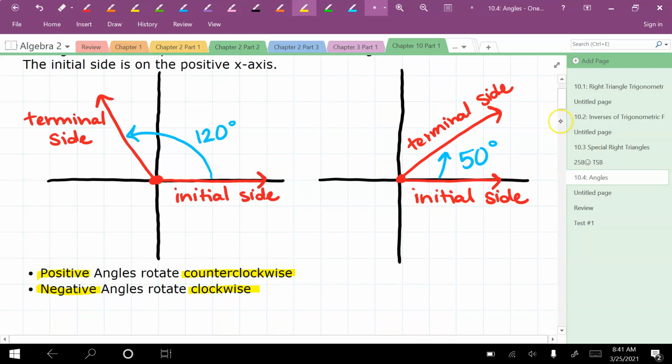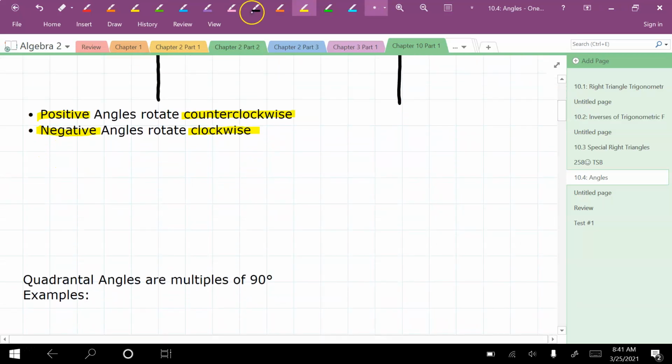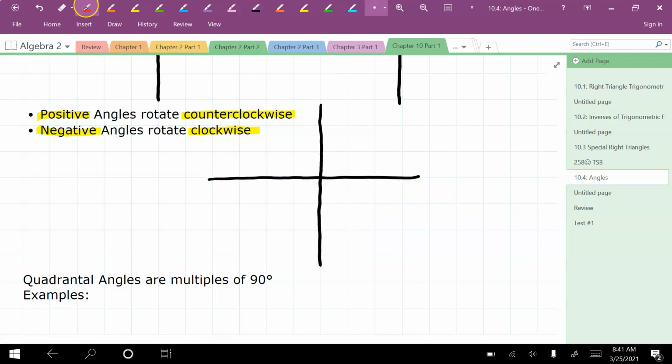So for example, if we had a negative angle, it might still look the same as far as where it starts. You're still going to have that angle in standard position, so it still has its vertex at the origin and its initial side along the x-axis.